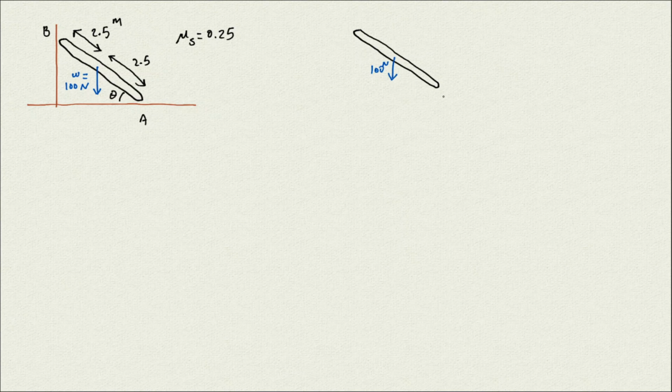At point A we have NA, and for the friction, if it starts to move to the right, the friction should oppose that, so it's FA. At point B we have NB, and if it starts to move down, the friction opposes that and is upward. That's the free body diagram.